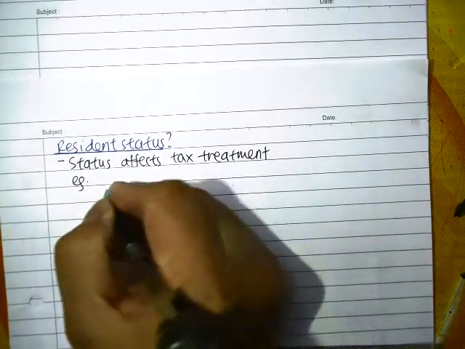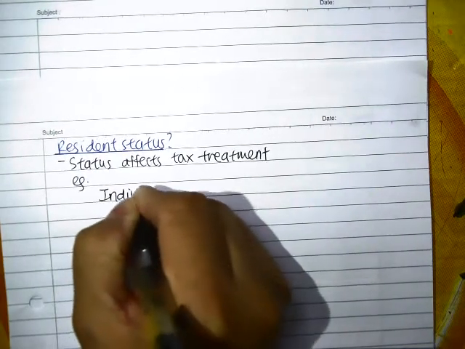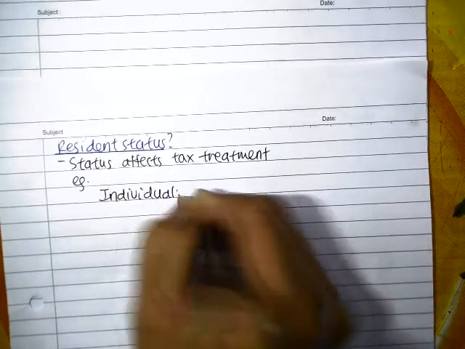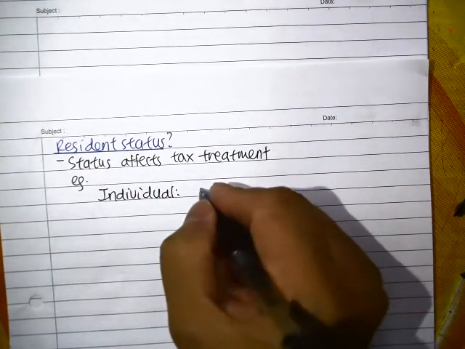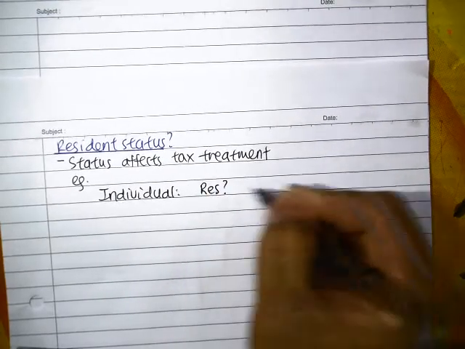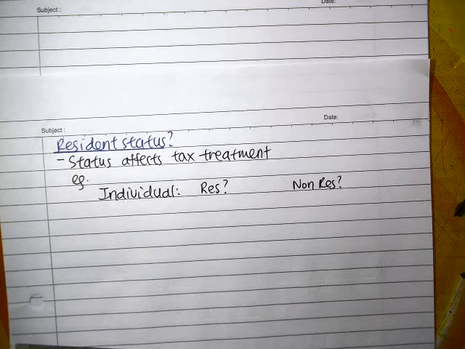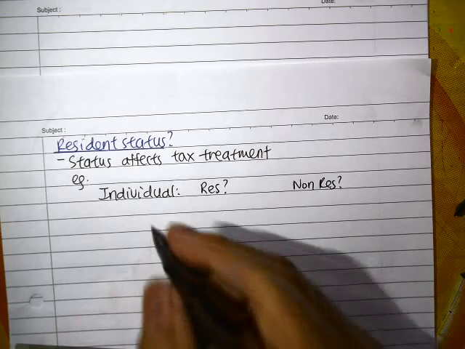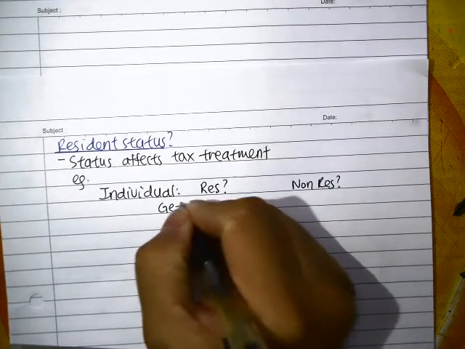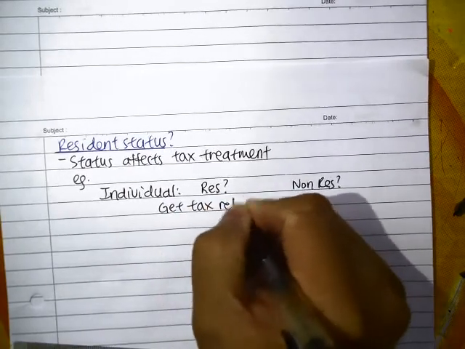Now, the more obvious one is if you look at an individual. What difference do you see if an individual is a resident and if an individual is a non-resident? Things you learned so far: a resident will get tax relief.